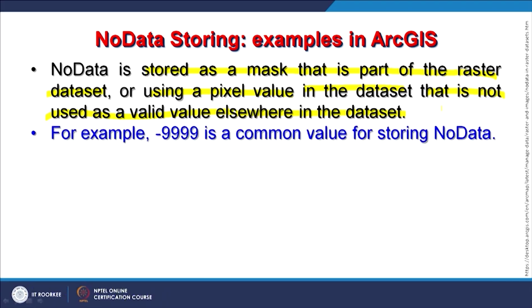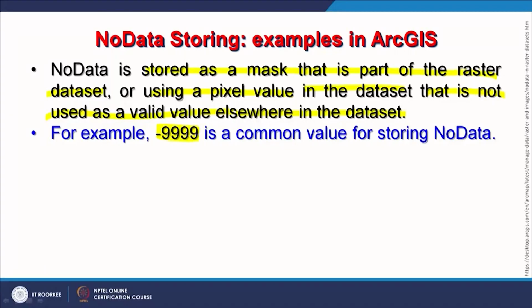For example, I may have a no data value like -9999. Now I have a digital elevation model of part of the Himalaya, and I have extracted it for Himachal Pradesh, like I have shown. Now I know that in a real digital elevation model of the western Himalayan terrain, there cannot be any elevation value of -9999.